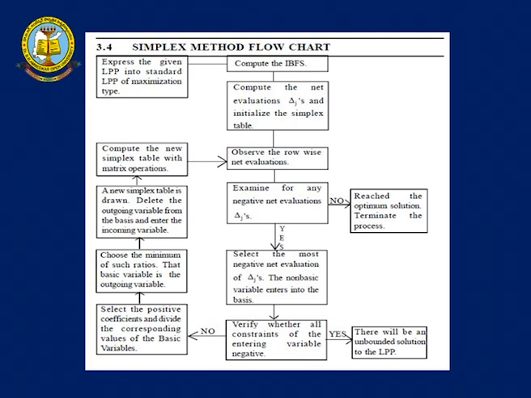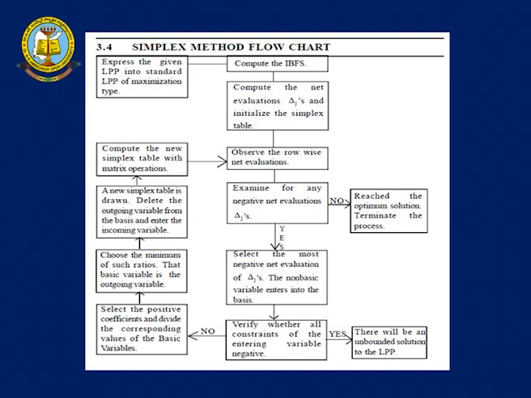Then compute the net evaluation Δj values and see what the nature of Δj is. If all Δj, that is zj minus cj values, are positive, then stop there, that is the solution. If one of the values is negative, then select the most negative of all the negative quantities, which indicates the entering vector.